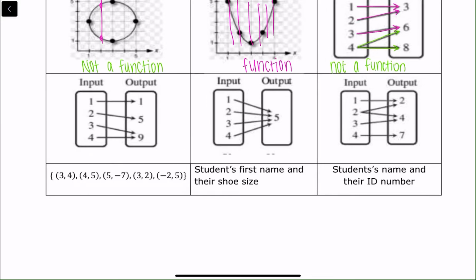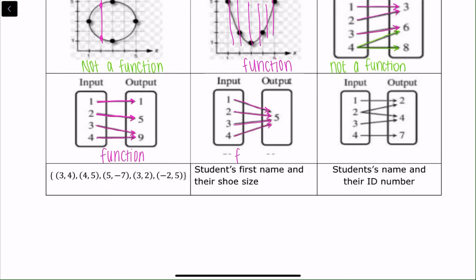Moving on to the next one. 1 has only one output, 2 has only one output, 3 has one output, and 4 has one output. Since each input only has one output, that means that this is a function. The next one, 1 has 1, 2 has 1, 3 has 1, and 4 has 1.